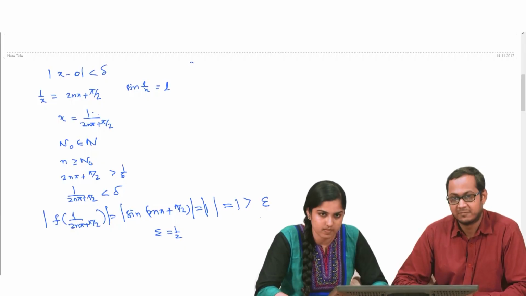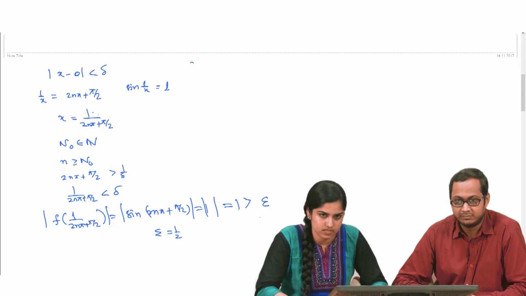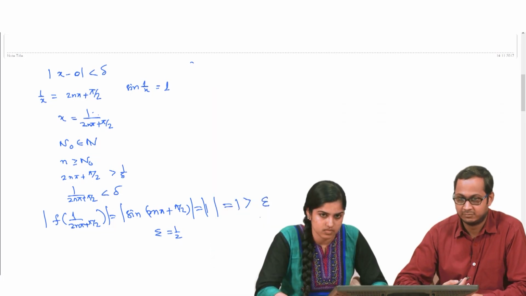The result states that if you want to test continuity of a function f at some point x naught in its domain, the result is as follows. A function is continuous at x naught if and only if for every sequence xn in the domain of f that converges to x naught, the sequence f of xn converges to f of x naught.